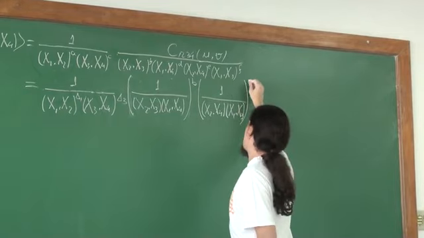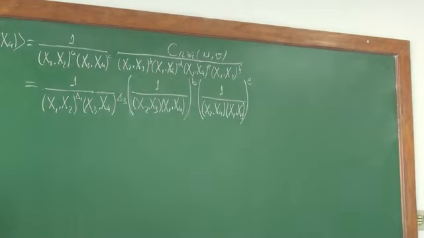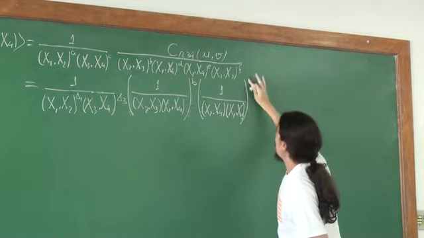So this would be, say, E, but E equals minus B. So this is actually minus B.